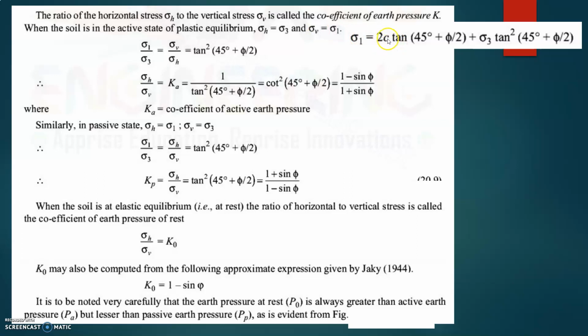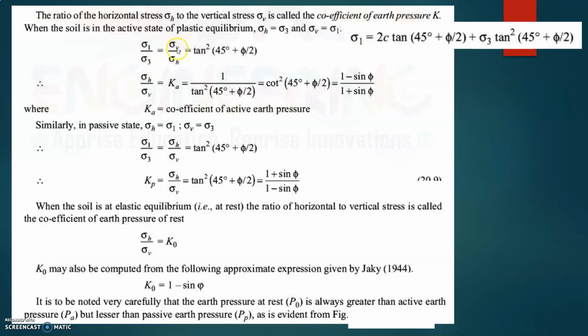When you substitute c equal to 0 in this equation, this term becomes 0. The remaining is sigma 1 equal to sigma 3 into tan squared(45 plus phi by 2). So sigma 1 divided by sigma 3 is equal to tan squared(45 plus phi by 2).